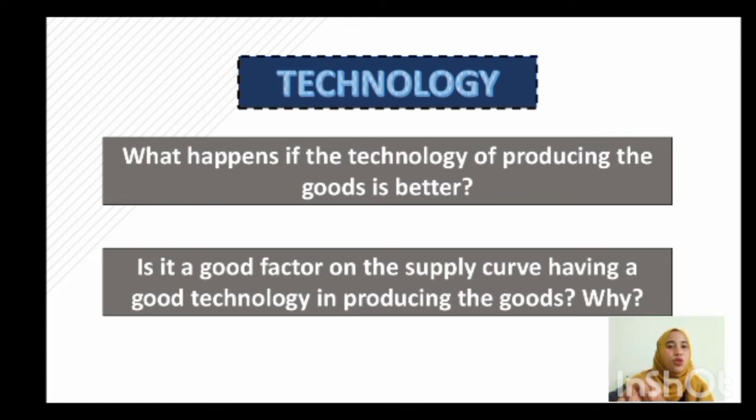And what will happen to the supply of your medicine? Is having a good technology in producing the goods a good factor for the supply curve? That is the question there. And why? So we have first the technology.